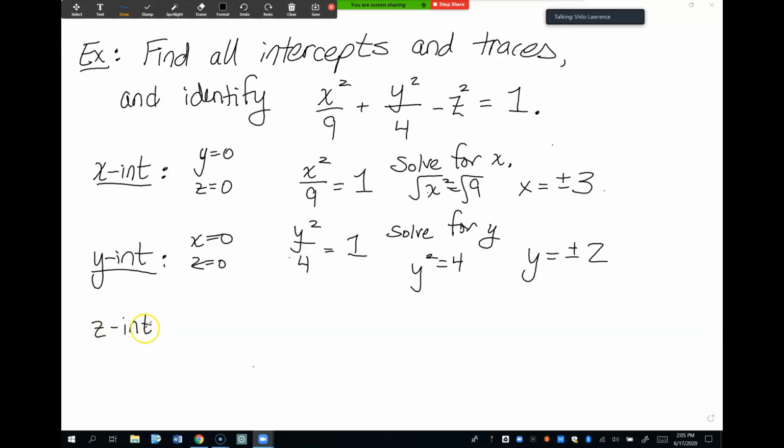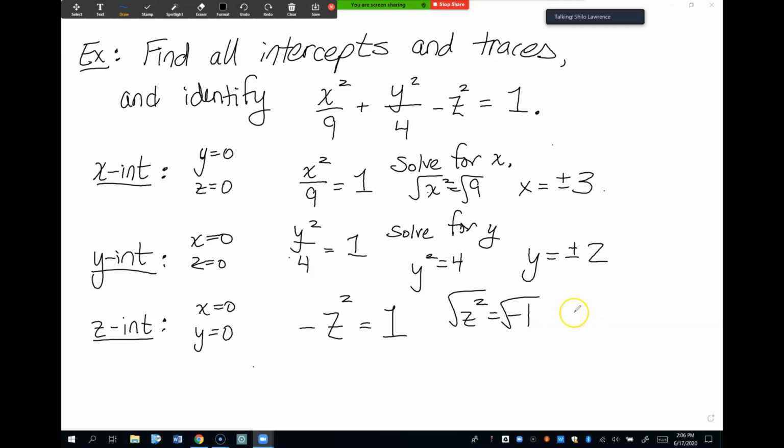For the z-intercept, we're going to plug in x equals 0, y equals 0. What we get when we do that is negative z squared equals 1. This is not possible in the real number system. If you try to solve this for z, we're going to have to divide over the negative, so we get z squared is negative 1.